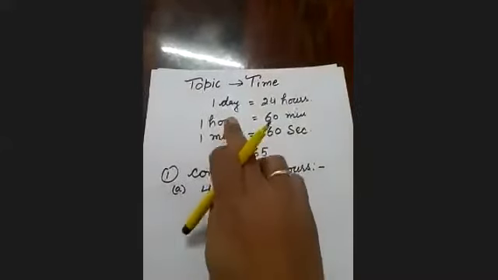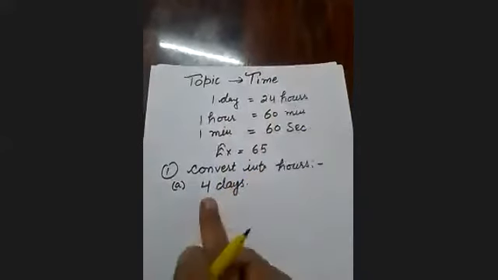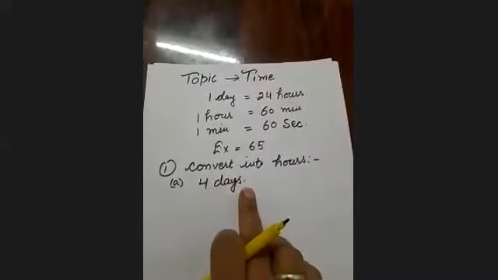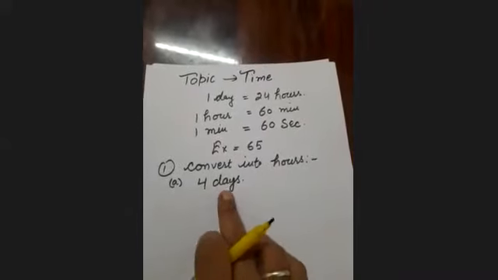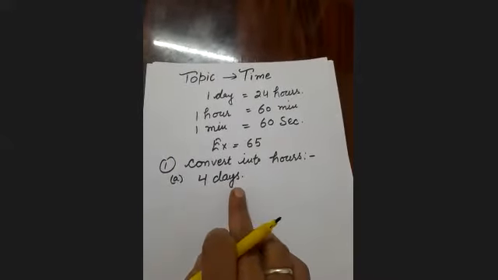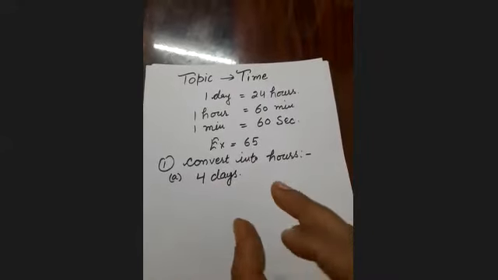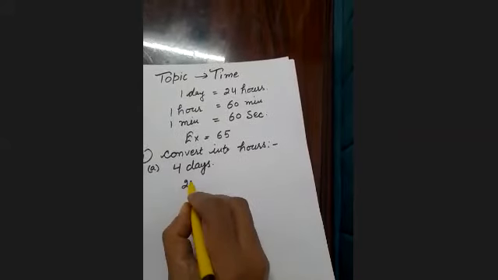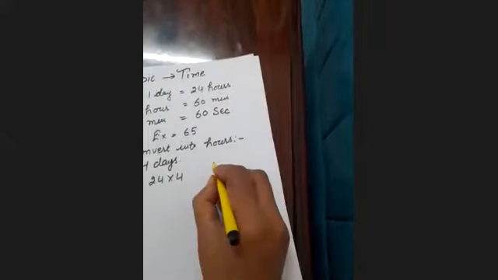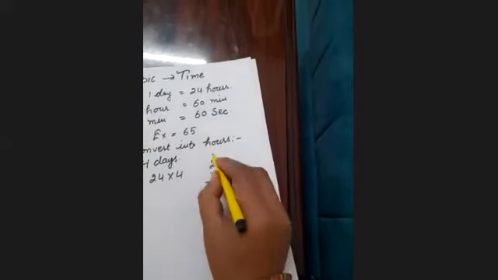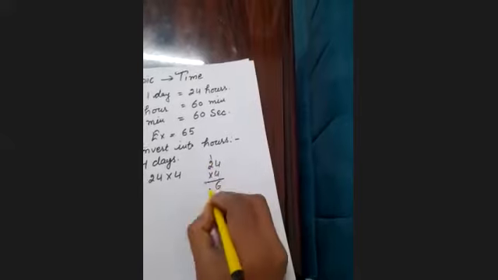As you know, 1 day we have 24 hours, and in 4 days we will multiply 24 by 4. 4 4s are 16, carry 1. 4 2s are 8 plus 1, 9.